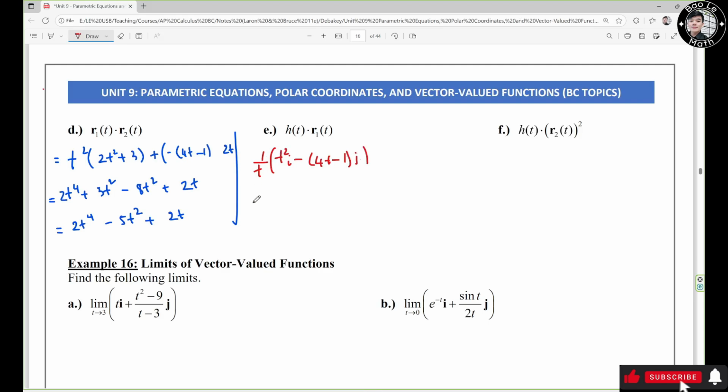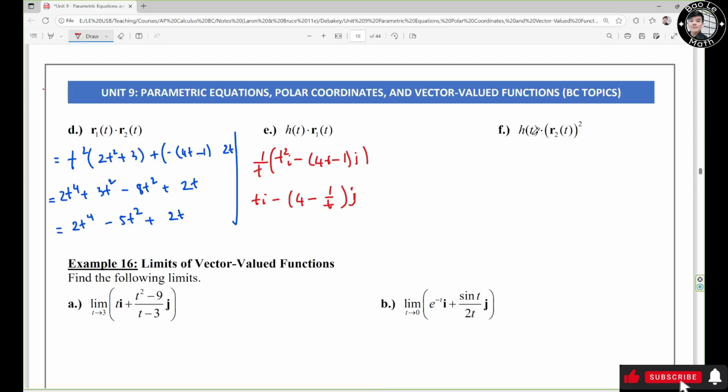Now distribute this one, it is going to be ti minus 4t divided by t is going to be 4, right? 1 divided by t is going to be minus 1 over t j.